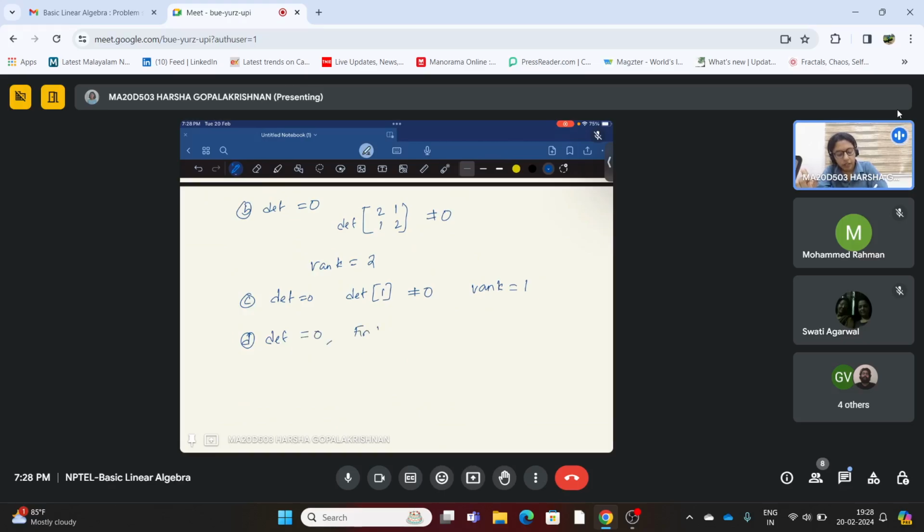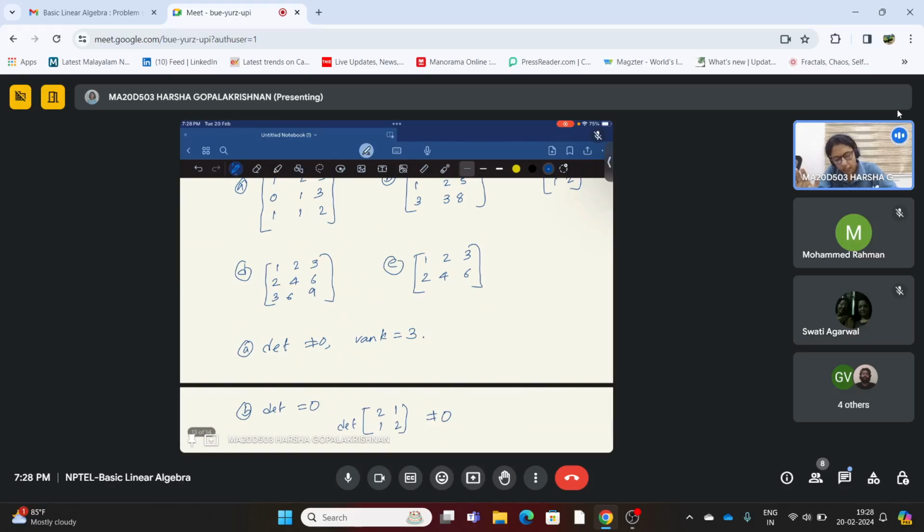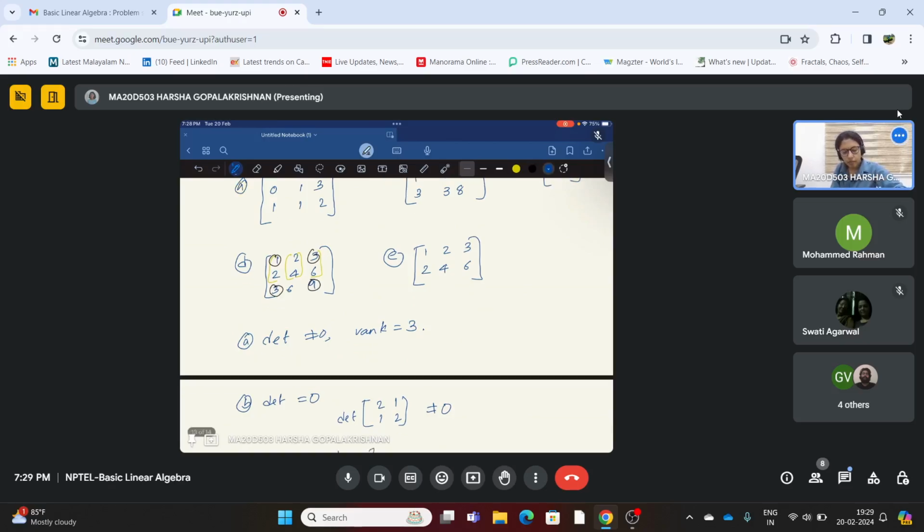Now find determinant of all 2 by 2 matrix. Actually, we should find all the 2 by 2 submatrix. For example, we should take this matrix 1 2 2 4, and then 2 4 3 6, and also we are supposed to take 1 3 3 9. This is also a kind of submatrix. So all those kind of submatrix, and we should verify that it has determinant 0.